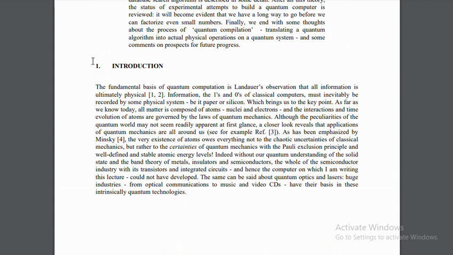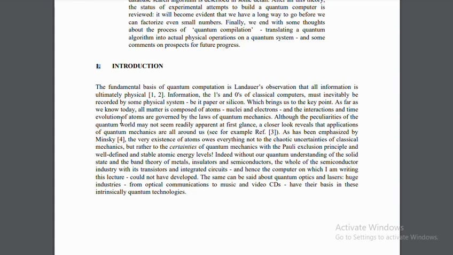So here's the first section, the introduction. Let's read it. The fundamental basis of quantum computing is Landauer's observation that all information is ultimately physical, be it paper or silicon, which brings us to the key point. As far as we know today, all matter is composed of atoms, nuclei, and electrons, and the interactions and time evolution of atoms are governed by the laws of quantum mechanics.